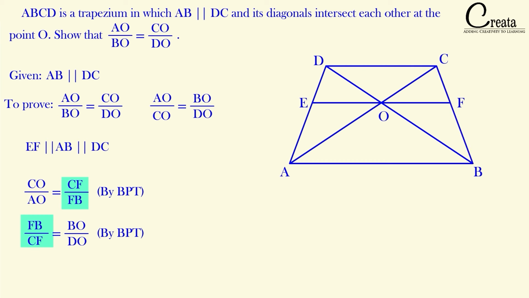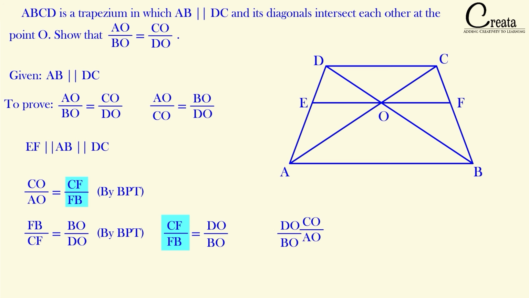But on one side we are having CF upon FB, on the other side we are having FB upon CF. Let's rearrange this equation so that we get CF upon FB. We can do the inverse. We got CF upon FB is equal to OD upon BO. Got it? We have simply done the inverse so that we can exactly match both the equations.